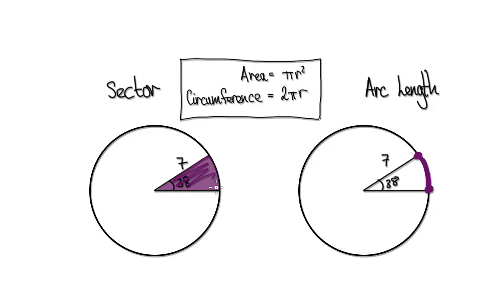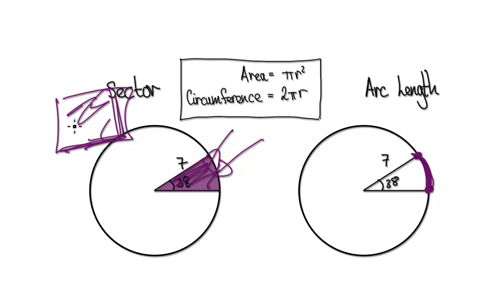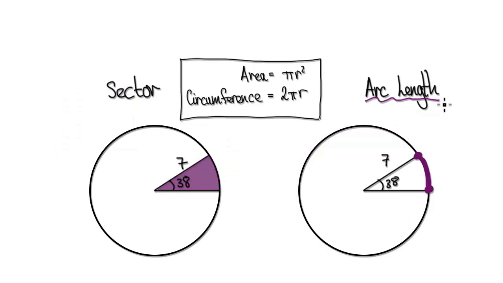A sheet of paper has a length and a width, and when you multiply the two, it gives you the area. This arc length here is like a string. It's a one-dimensional length.